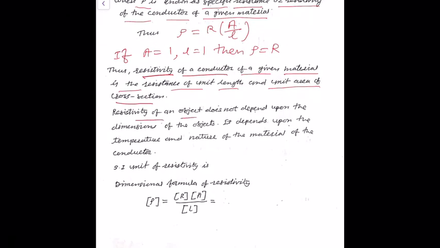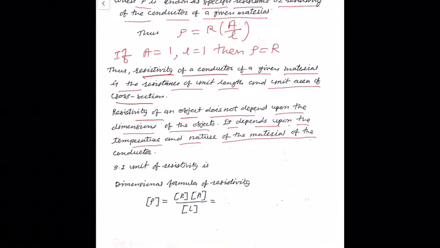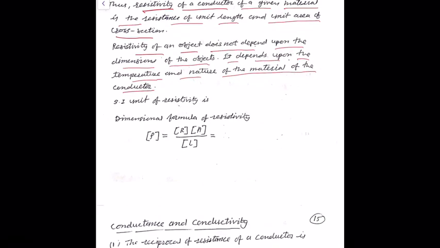Resistivity of an object does not depend upon the dimension of the object. It depends upon the temperature and nature of the material of the conductor. The SI unit of resistivity is ohm meter.